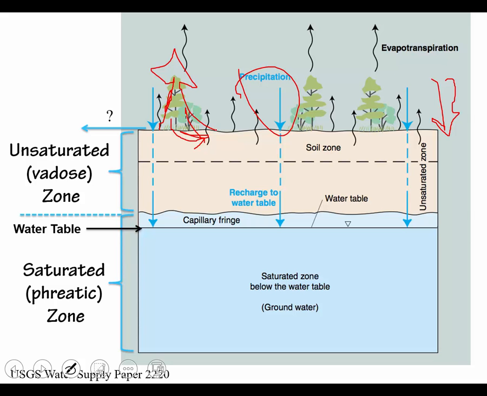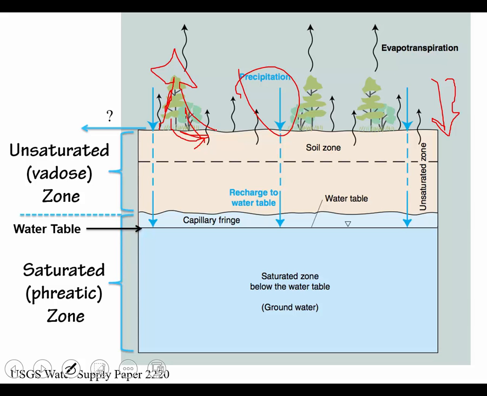Then basically it drains through the unsaturated or vadose zone until it hits the saturated zone, and below that is basically the phreatic zone. So phreatic is the $10 word for saturated, vadose is the $9 word for unsaturated. Now it turns out the water table, which is what we think of as the top of the water that's freestanding, is actually not quite the same as the top of the saturated surface, because capillarity tends to pull water up a little higher than the water table.